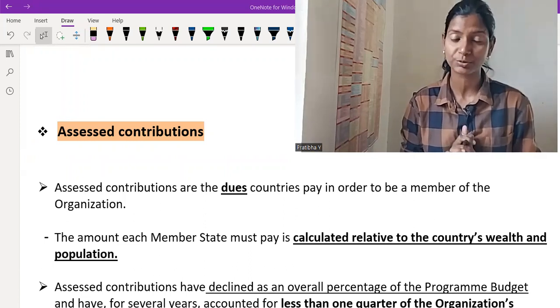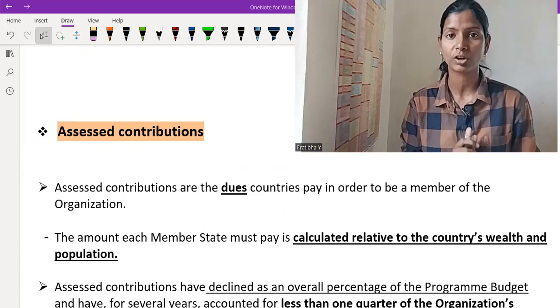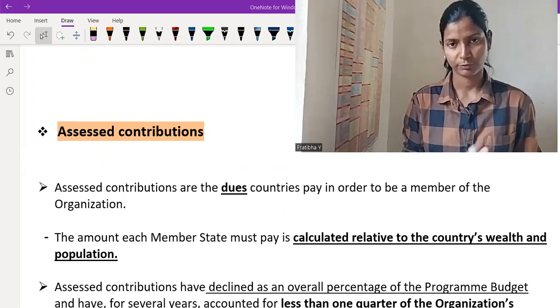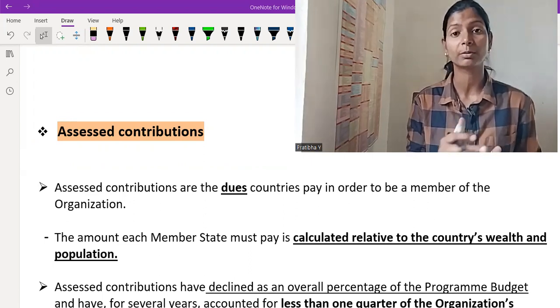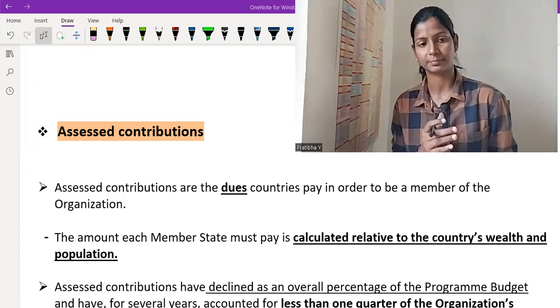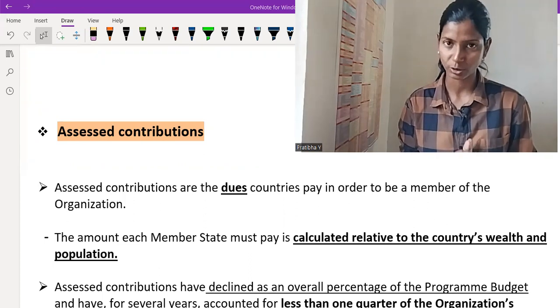What is SS contribution? SS contribution basically means it's a due which a member country must pay to the organization in which they want to become a member. For example, in WHO, if countries want to become a member of WHO, then they have some SS contribution which they must pay to that organization.